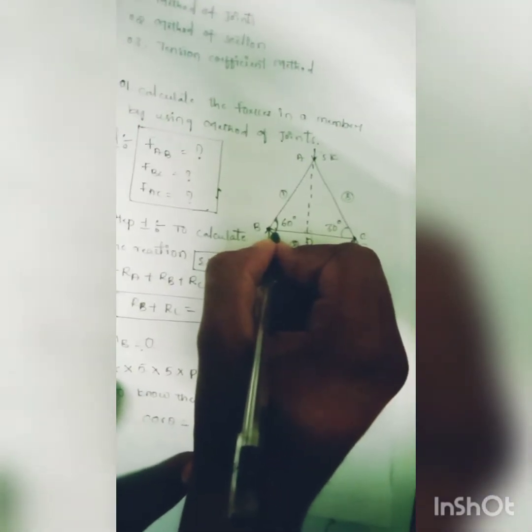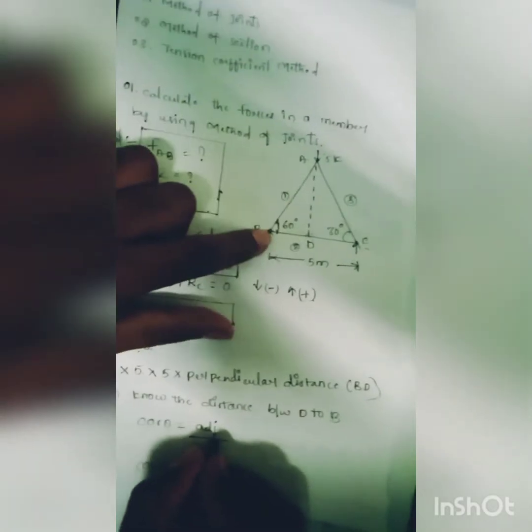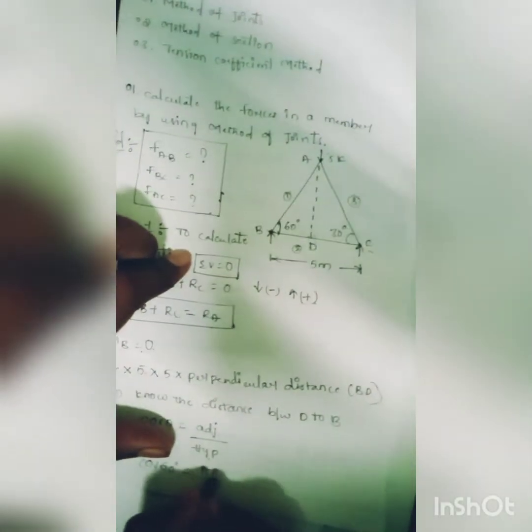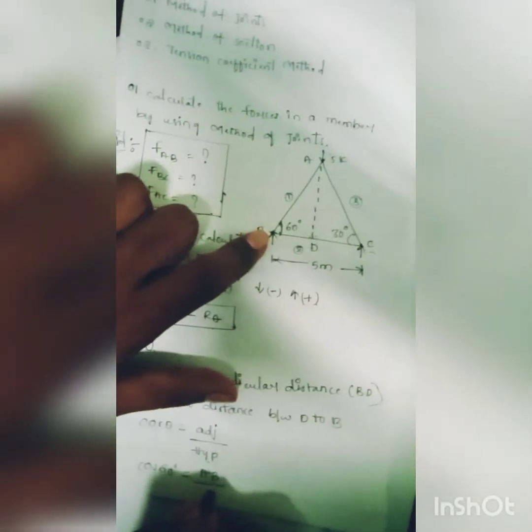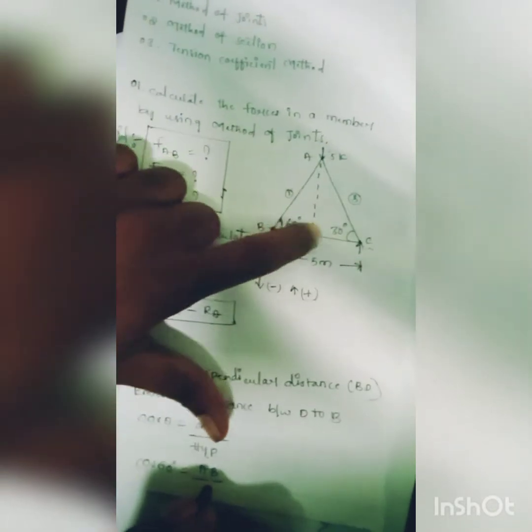Now adjacent is nothing but here AB. Cos 60 equals the adjacent side for this angle, AB, by the hypotenuse. What is the hypotenuse for this triangle?